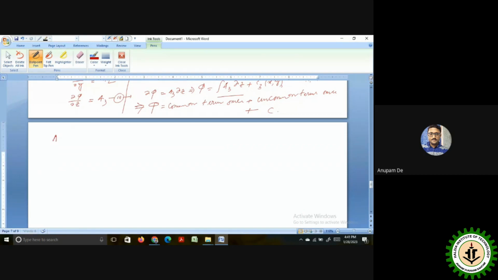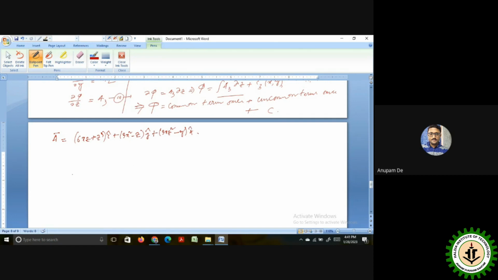It is given the vector A equal to (6xz plus z cubed) i plus (3x squared minus z) j plus (3xz squared minus y) k.